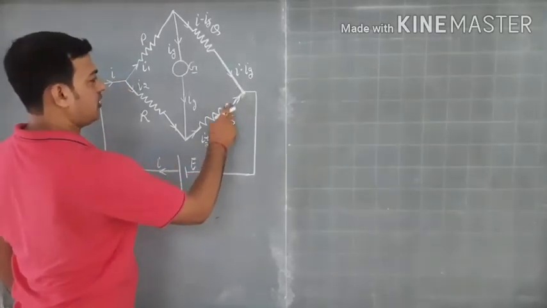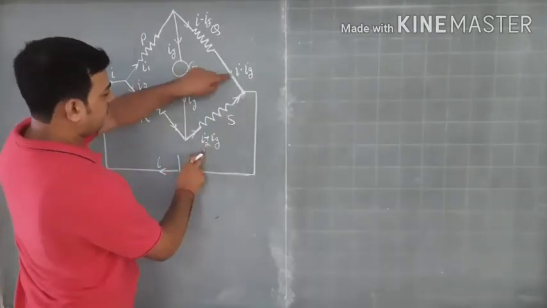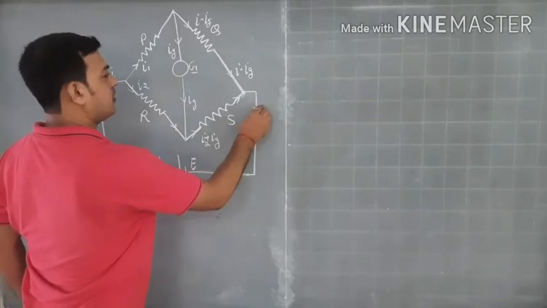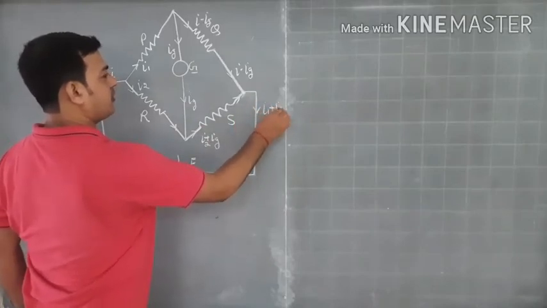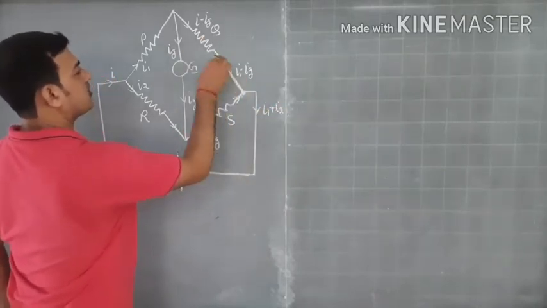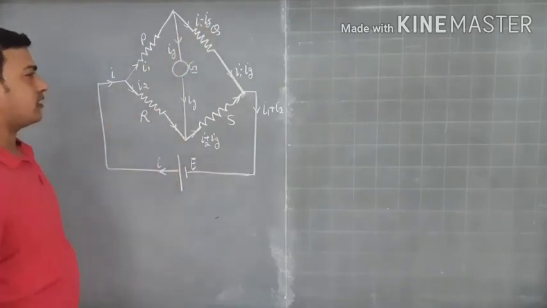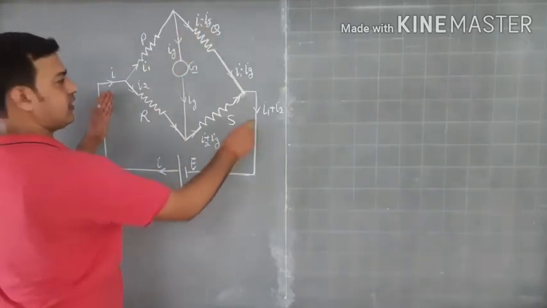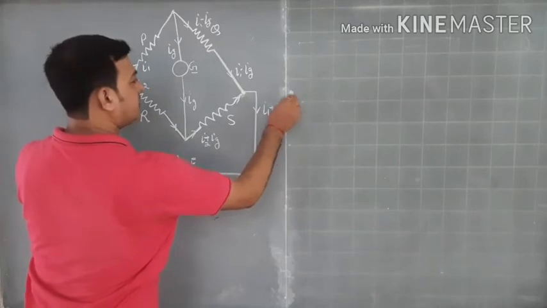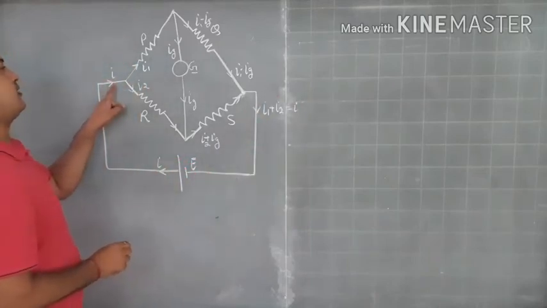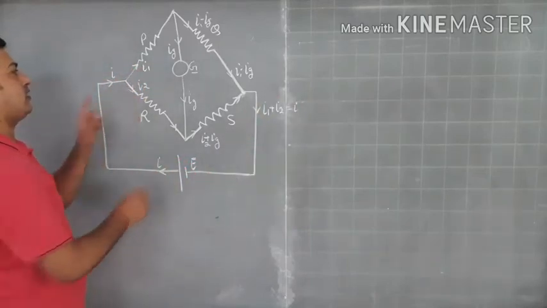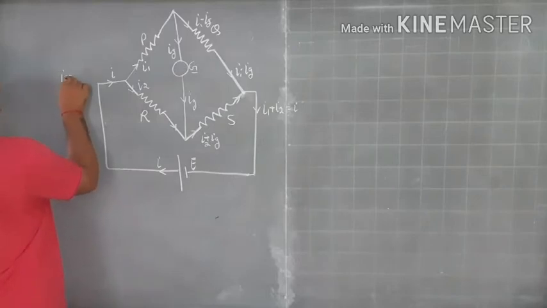These two currents are coming, so I will add them, and you will get the net current as I1 plus I2, because this one is I1. So the net current is I1 plus I2, and I can write it as I, since I is split into I1 and I2. So this is the net current.